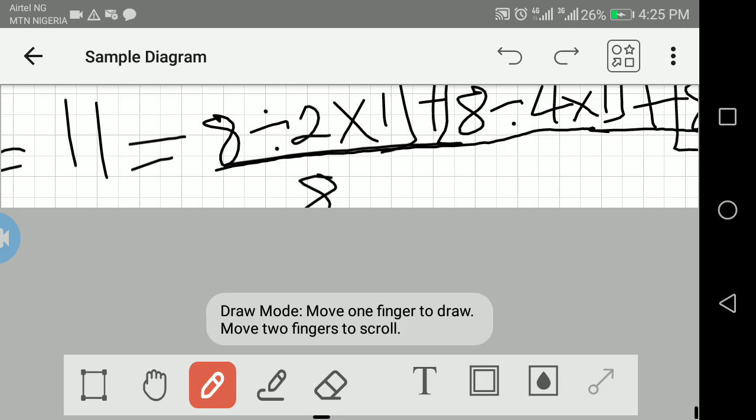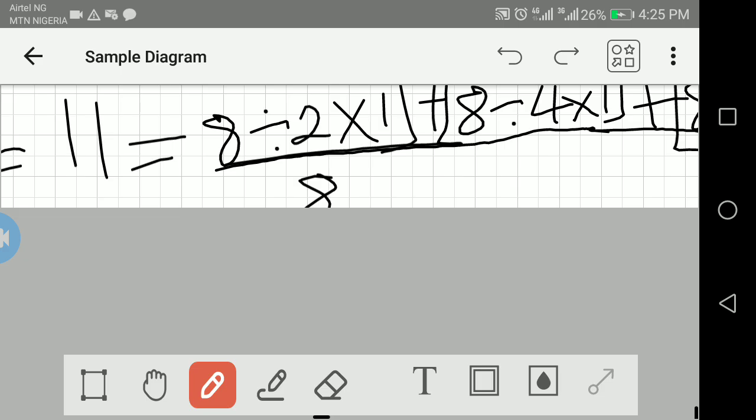Equal to. Are we getting to the end of the board, or what is happening? We're going to the end of the board. Okay, please take this down. After that, I can erase.